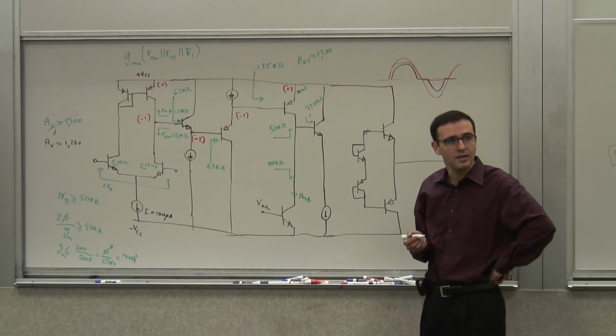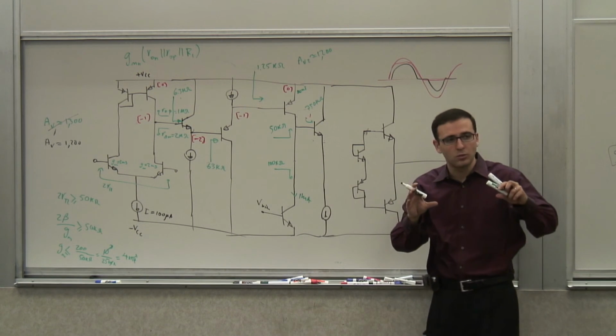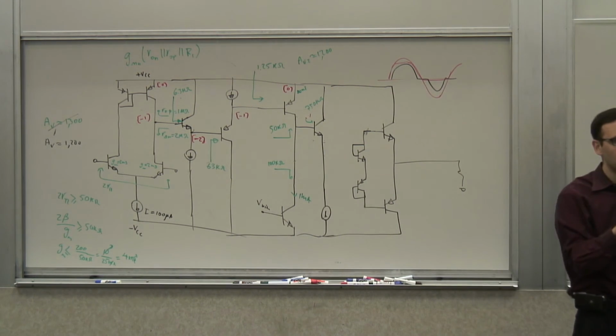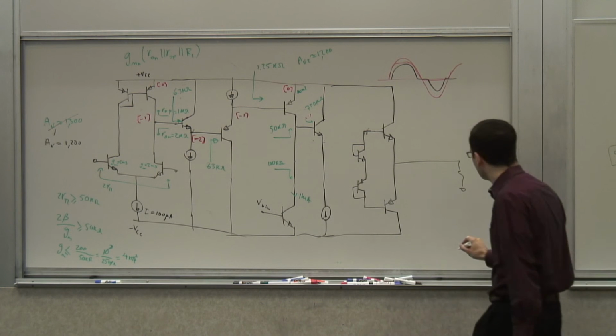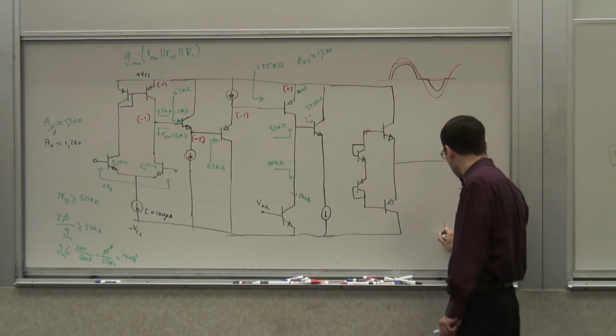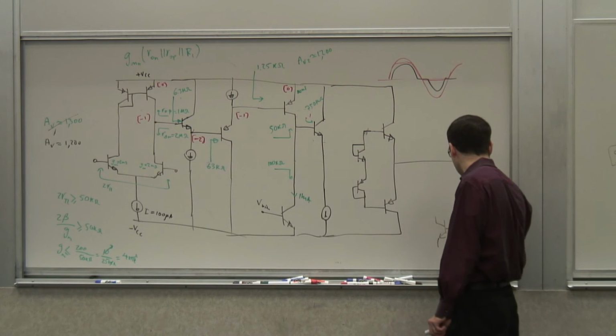Make them smaller, right? The VBEs will remain the same if the currents are in the ratio of the saturation currents, the ISs, right? Think about it. If I put two transistors in parallel, that's what we did in the mirror, right?